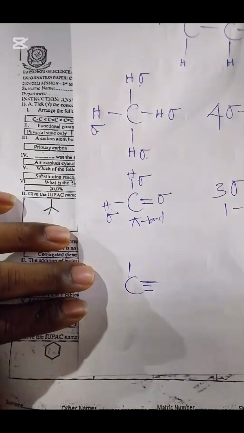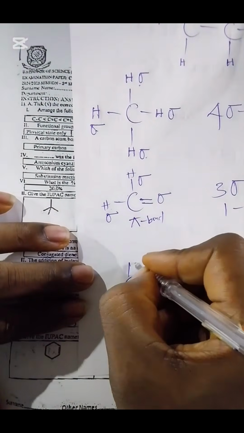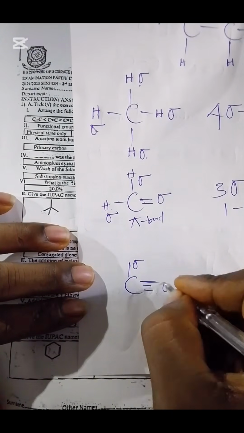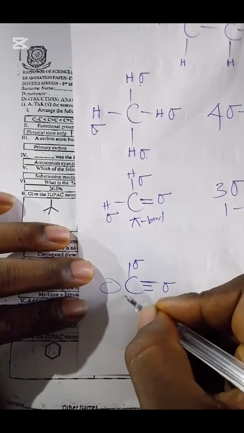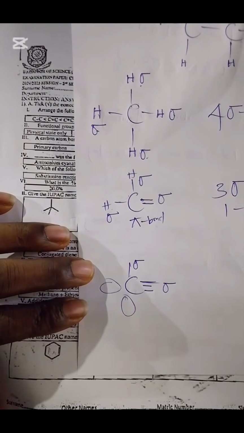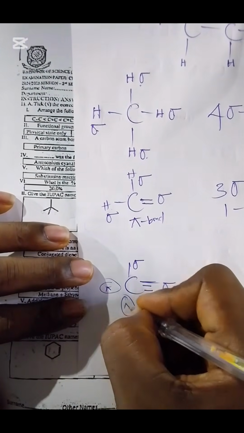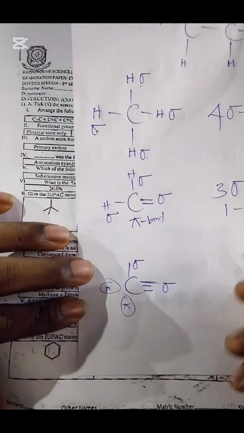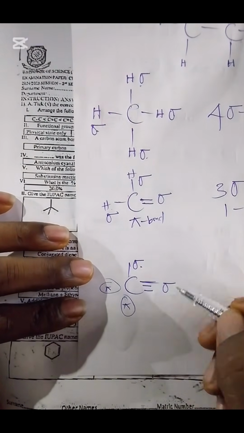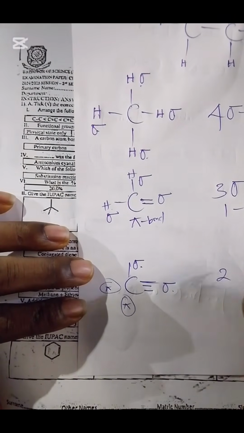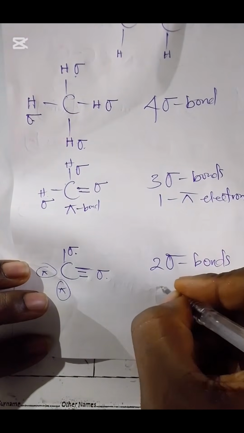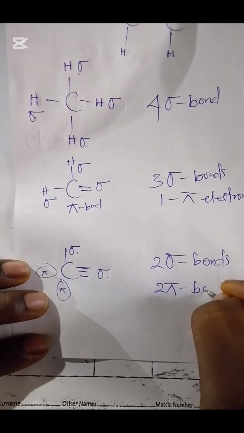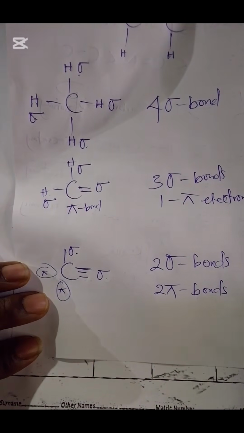So the total number of sigma bonds is 1 here and another 1 here, because this position and this position are without a sigma bond. Let's call them pi bonds. So in this diagram, we have 2 sigma bonds and 2 pi bonds. Take note of this concept.